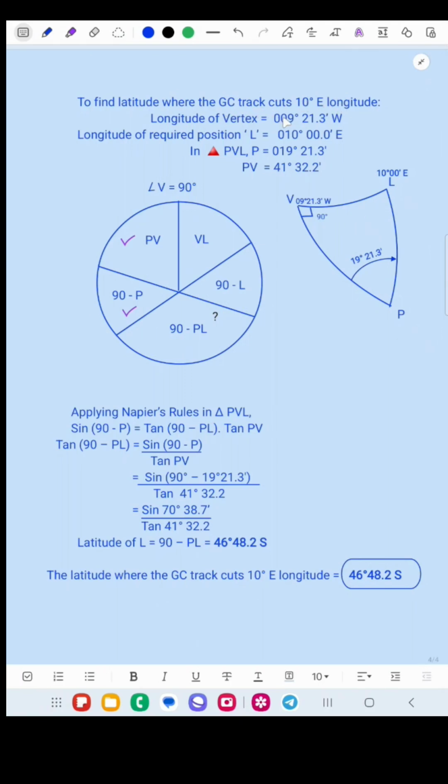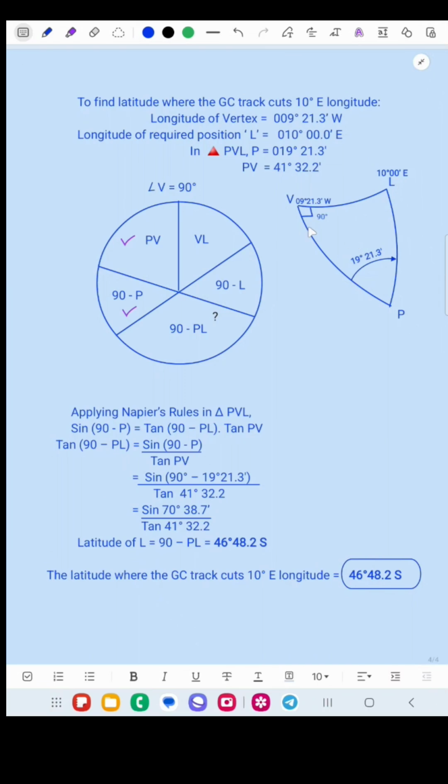The longitude of the vertex we already know: we have calculated 009 degrees 21.3 minutes west. And the longitude of the required position L is the 10 degrees east given. So D long between Victor and Lima is 19 degrees 21.3, this angle.